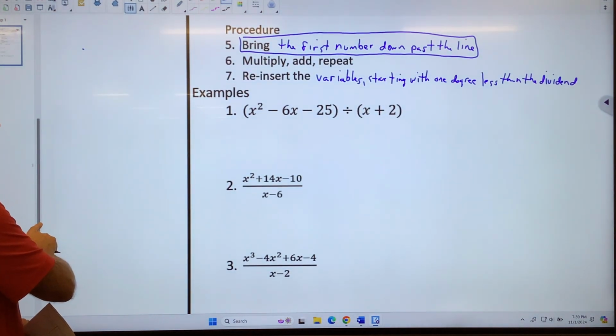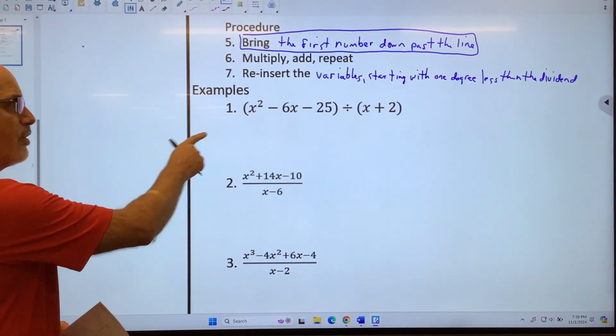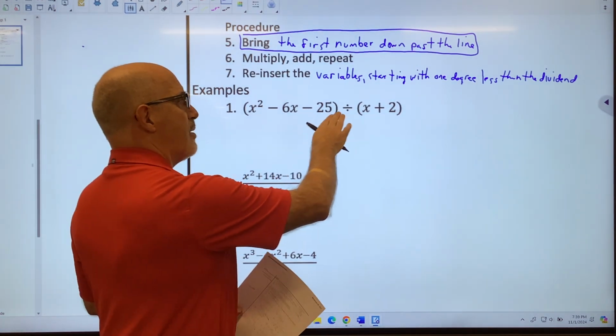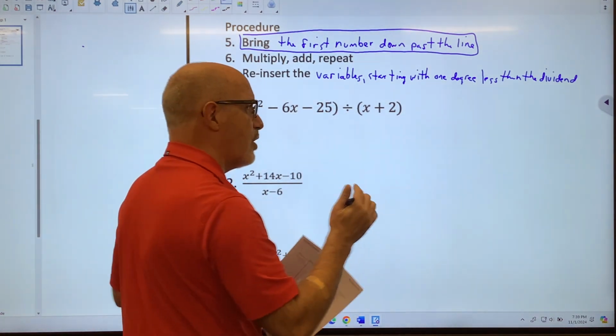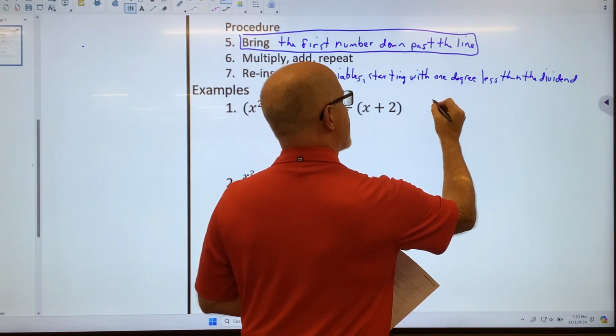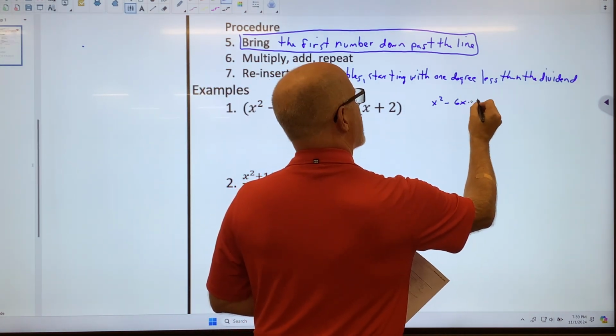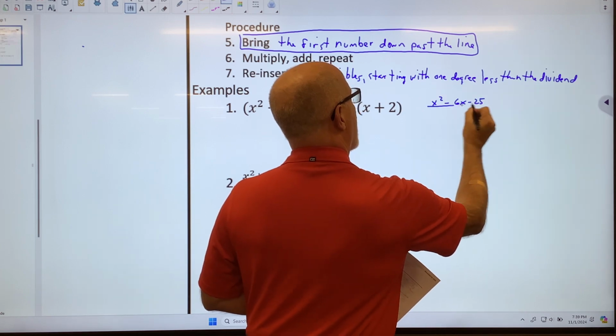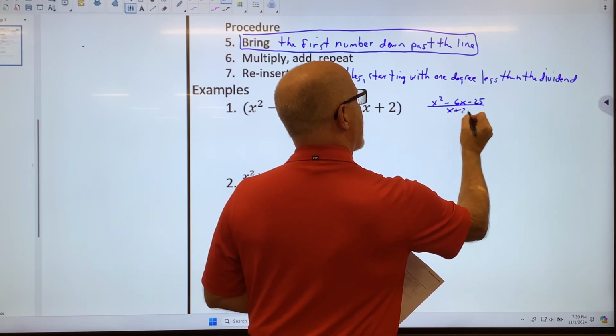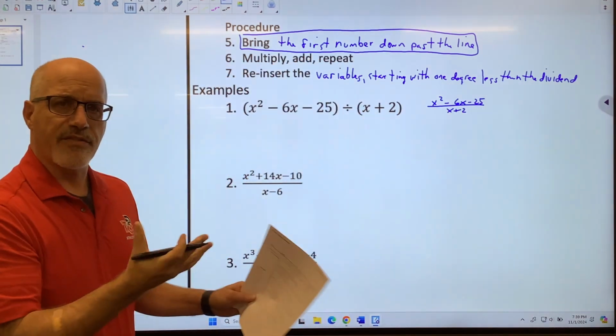So taking a look at this first problem here, notice that when you see a division, you know that means the same thing as x squared minus 6x minus 25 all over x plus 2. That's another way to write it as a fraction.